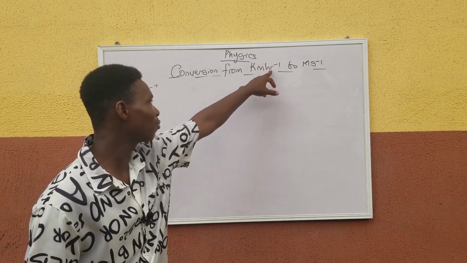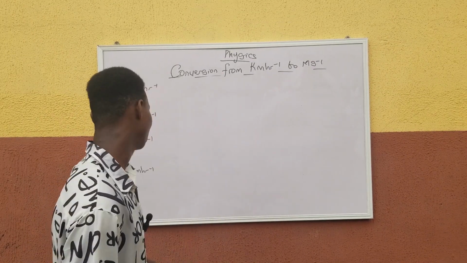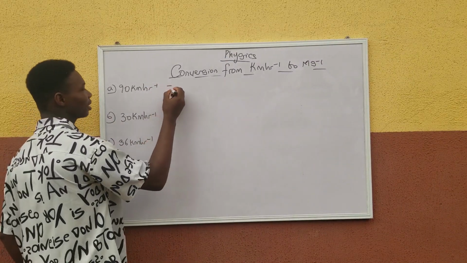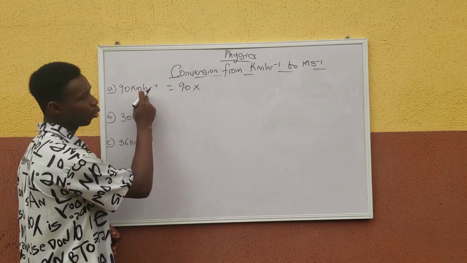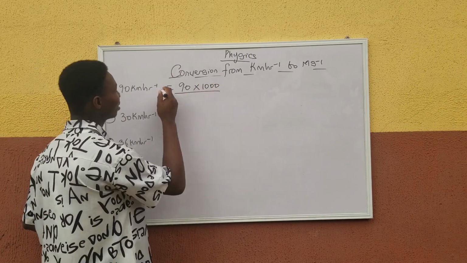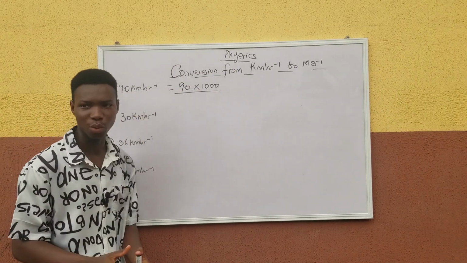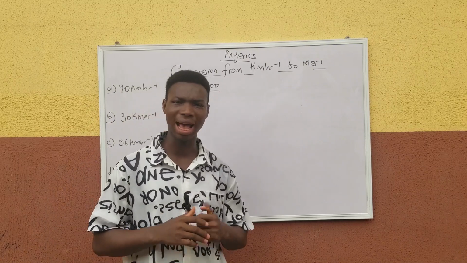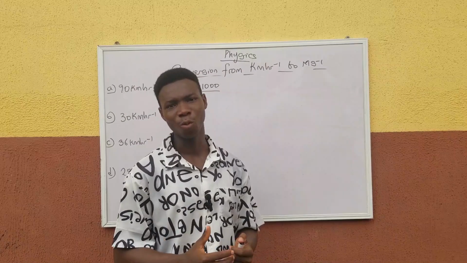So from what we have here, we are going to convert this kilometer per hour to meter per second, and this is the way it is being solved. So from here we have 90 times, remember kilo means times 1000, all over. Now for this part where we have hour, you need to check within yourself how many seconds are there in 1 hour, how many seconds are there in 60 minutes.